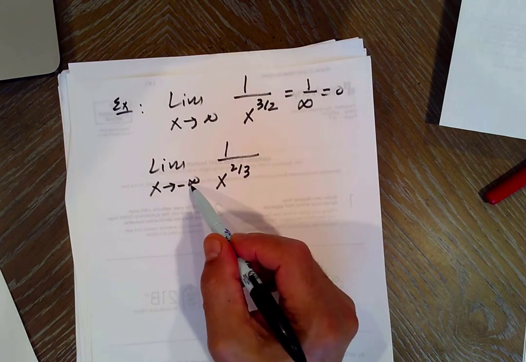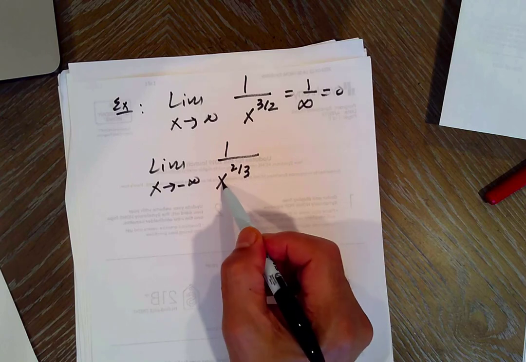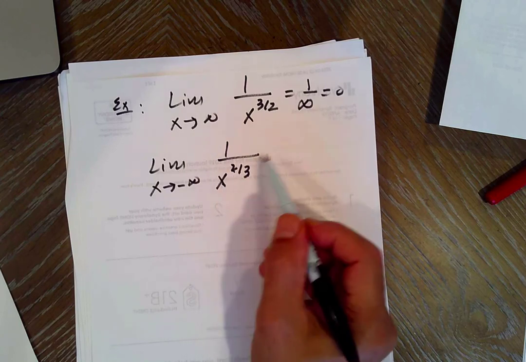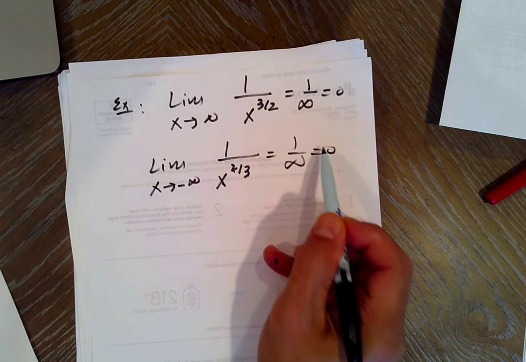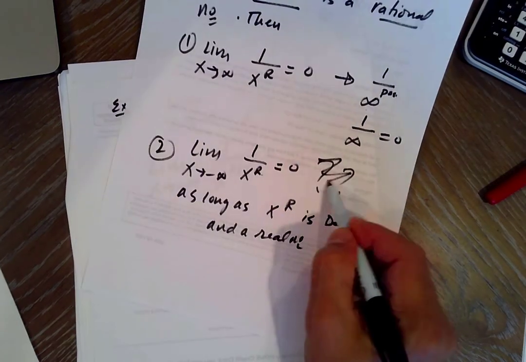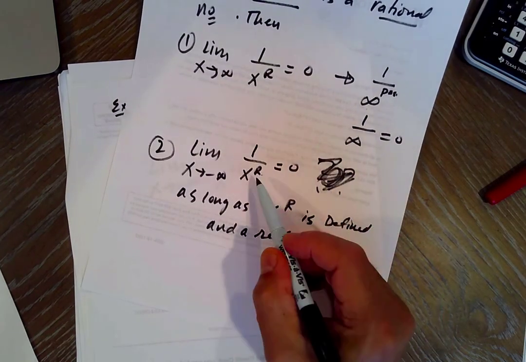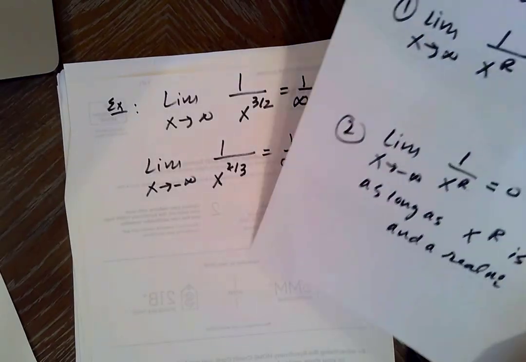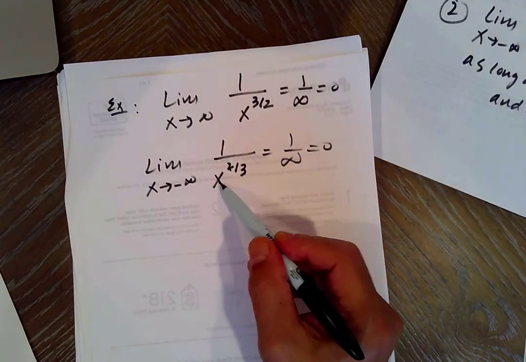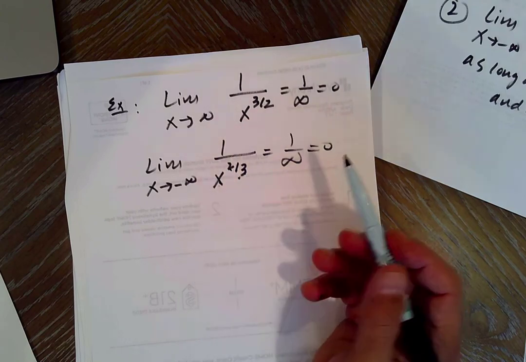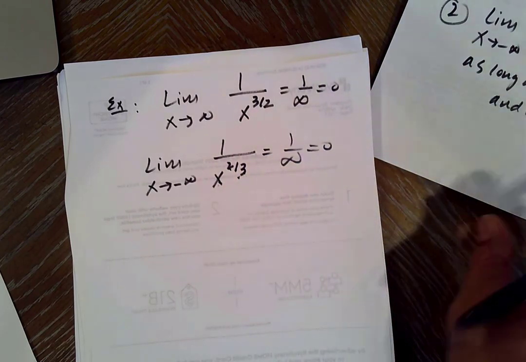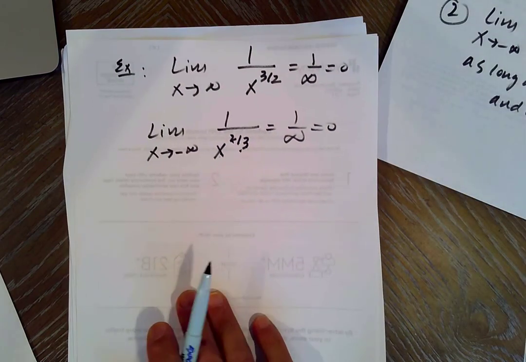Well, as long as it's defined, when you do a cube root of a negative, it's negative, and then you square it, so you get infinity. So this rule is true, okay? When you have a negative infinity for x, then you can do the cube root as long as it's defined. So this is good as long as x to the r is defined.